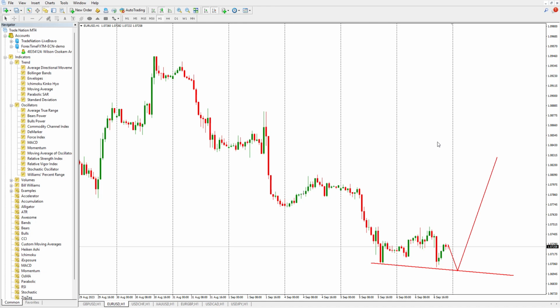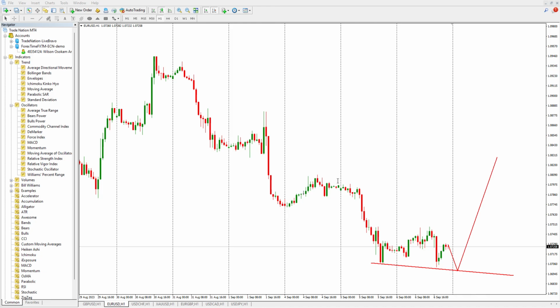So there are two orders that you can place below market price. It's either a buy limit or a sell stop. So you can see buy limit at 1.07 or sell stop at 1.07. That is a shortcut. So I want to buy, so I'm picking a buy limit.